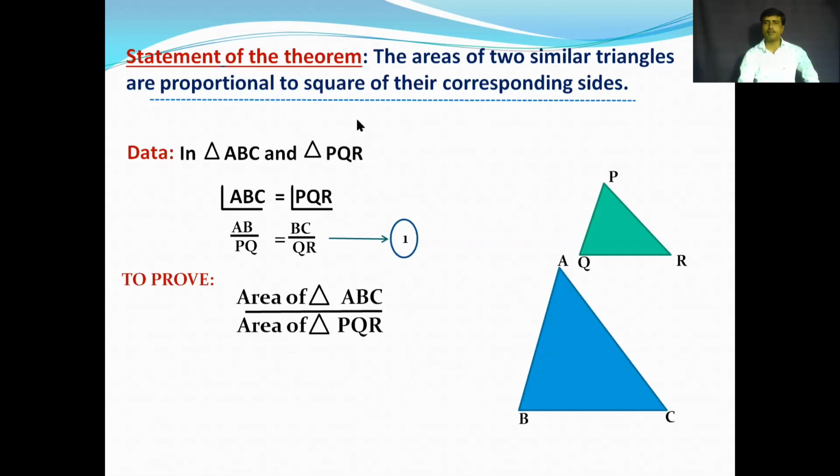Proportion means I have to divide another parameter here, and it is nothing but square of the corresponding sides. So out of the three sides, take any one of the side. Here I am taking BC and QR. So square of the corresponding side means BC square by QR square. It means BC into BC divided by QR into QR.